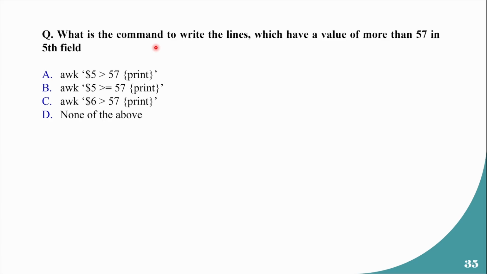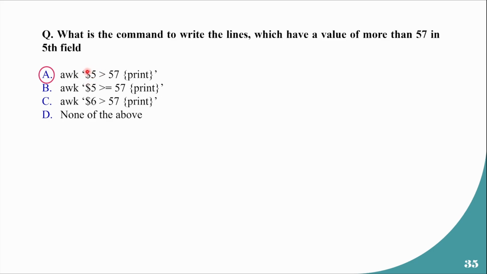So if we have to get the lines which have a value of more than 57 on the 5th column or the 5th field, which could it be? It will basically be the first one in this case, because as you can see, within this quotation mark, what is written?